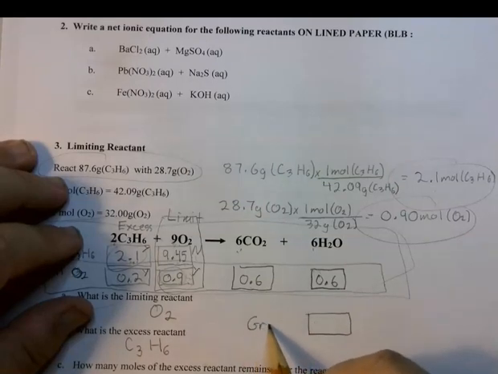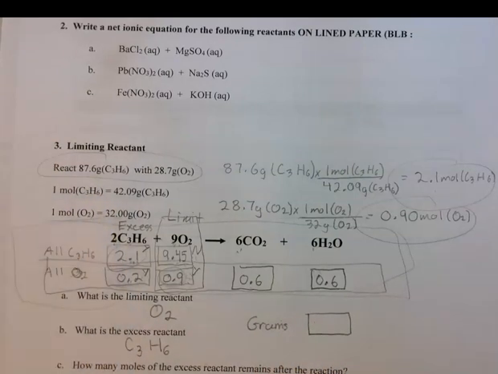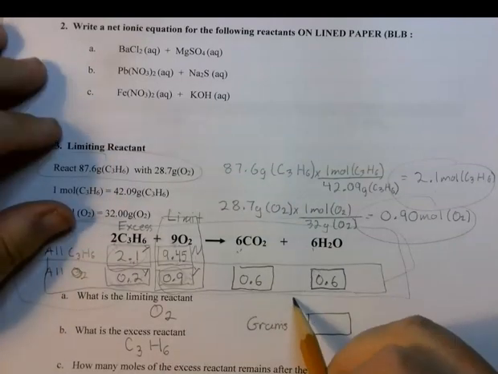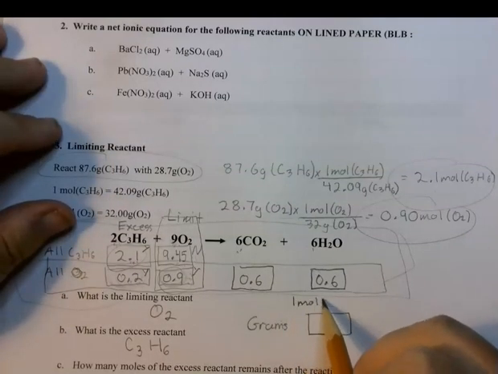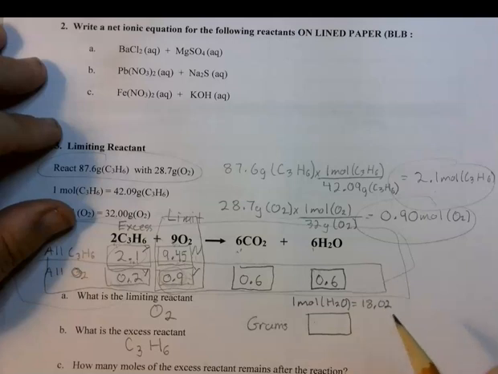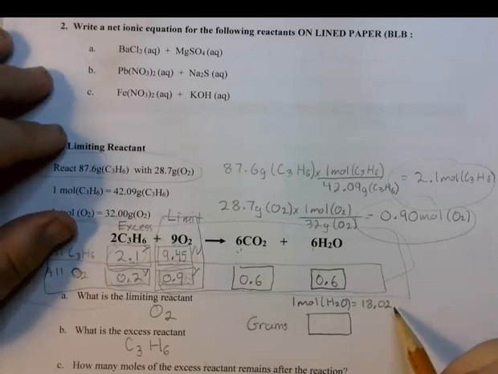It's asking for grams of water, because we get to drink the water, so I want to know how many grams, not how many moles. So what's the molar mass? 1 mole H2O equals 18.02 grams. Again, it's 16 plus 1.01 plus 1.01. You just have to add up the masses of each of the elements. And that's grams of H2O.